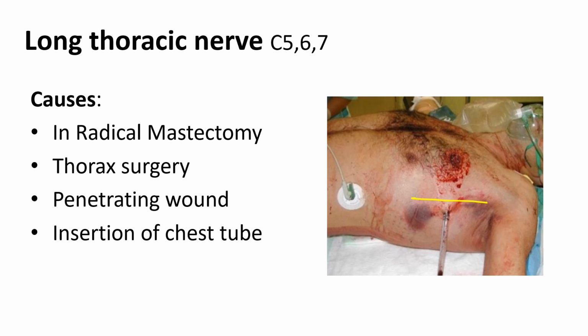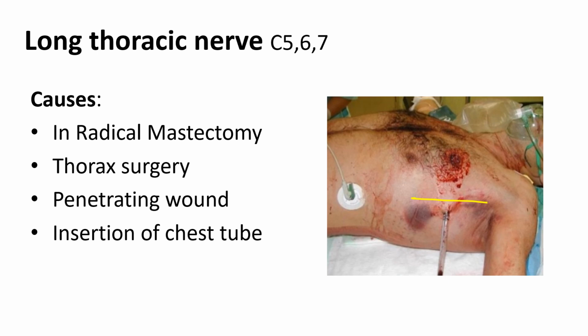Long thoracic nerve is a pure motor nerve arising from C5, C6, C7 roots. It supplies the serratus anterior muscle. There are many causes to injure the long thoracic nerve. First one is radical mastectomy, which means an extensive removal of breast and underlying muscles and tissues, and this may carry a high risk of long thoracic nerve injury.